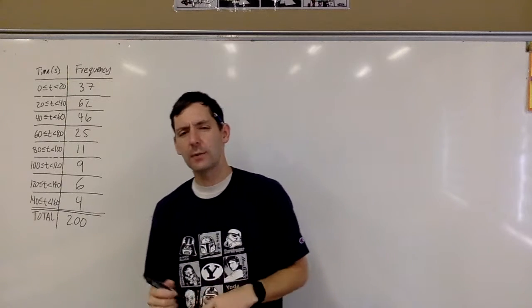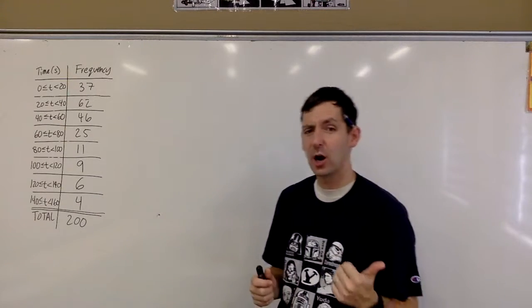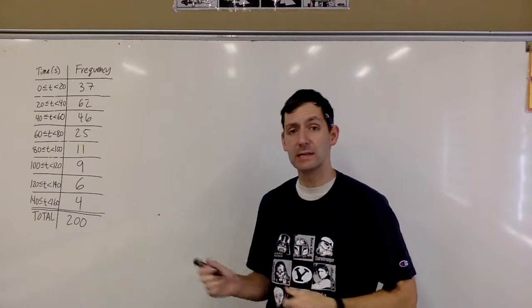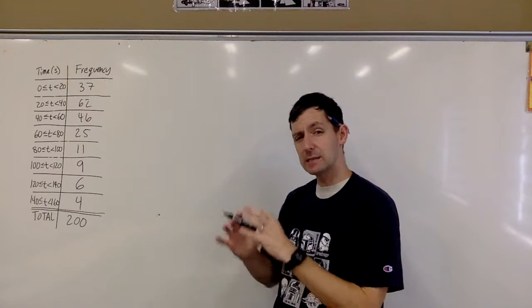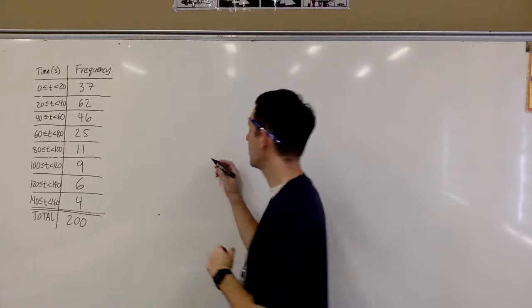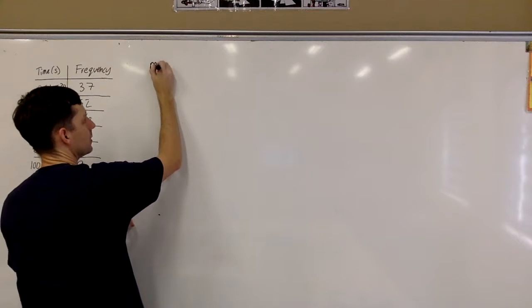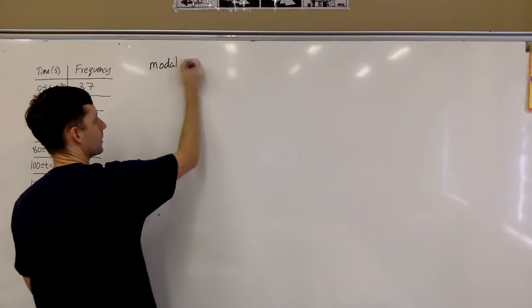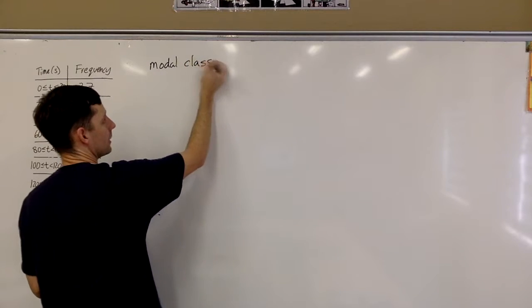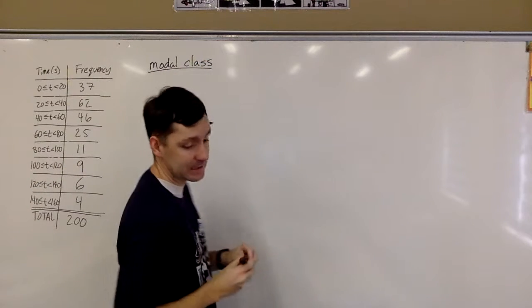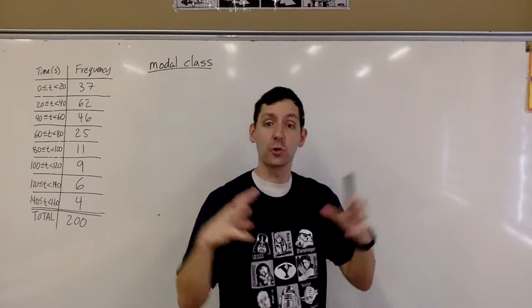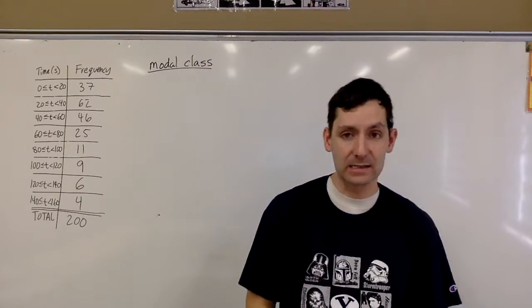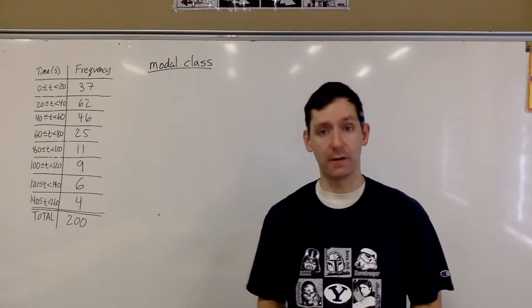So we'll talk about a couple of them. We'll start with our mode. Mode is easy, though in this case, because it's not a single number, we're going to call it the modal class. The modal class is just the mode. It's the class or the group or the range that has the most often occurrence.